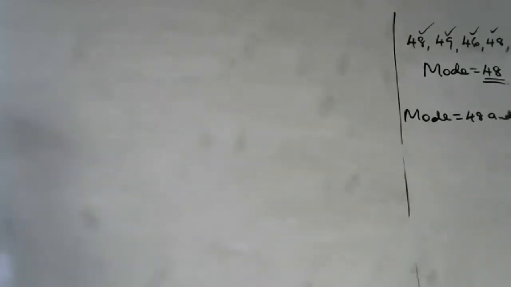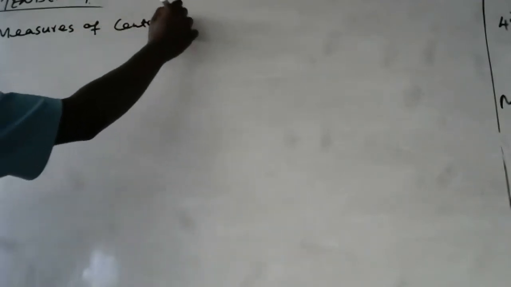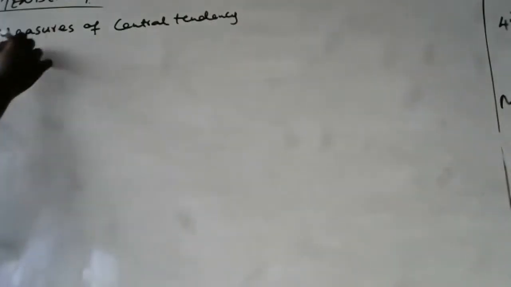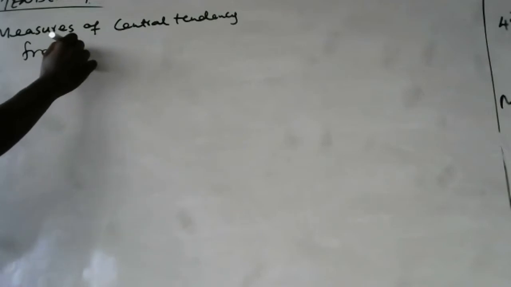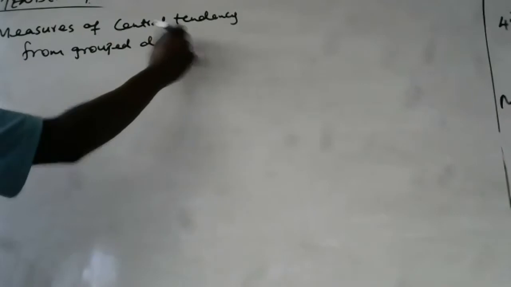So, we talk about measures of central tendency from grouped data. First of all, grouped data is data whereby the values are organized into classes.